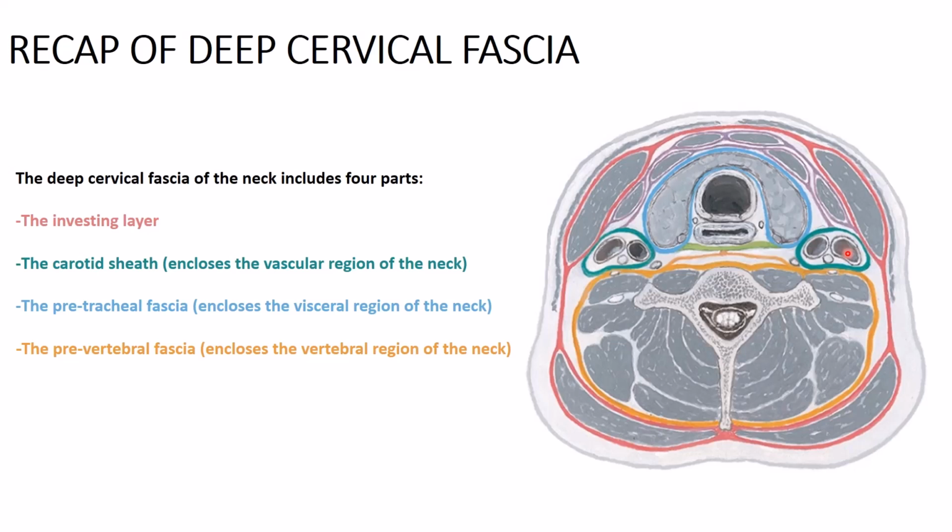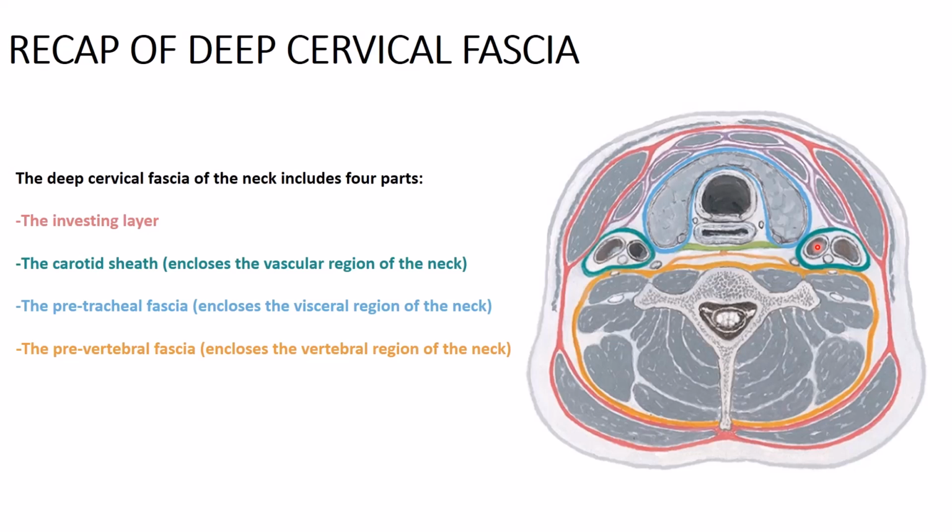Remember, in the first video, we covered why it is called internal jugular, what the difference is between internal and external jugular, and what the function of the internal jugular vein is.